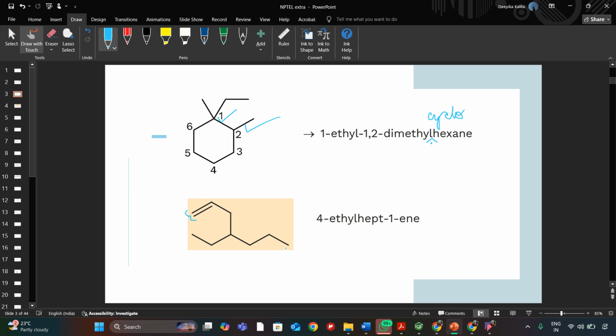So it will be heptene, and this double bond will get the number 1. Hence, this ethyl substituent is going to get 1, 2, 3, 4. So the name will be 4-ethyl hept-1-ene. This will be the IUPAC name of this given compound.